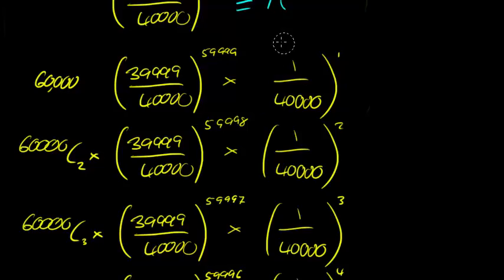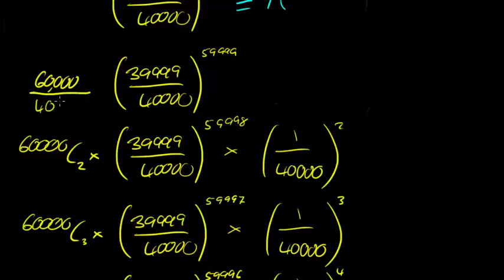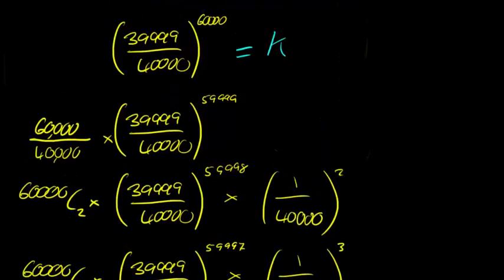And so what I'm just going to do is take this and rearrange it. So that 1 over 40,000 I'm going to bring over to this side, because 60,000 times 1 over 40,000 is 60,000 over 40,000. And then again, I've got it times by this number. Now, this number isn't really much good to me because it's not my value of k. But if I multiply this again by another one on top and another one on bottom, then I should get that number.